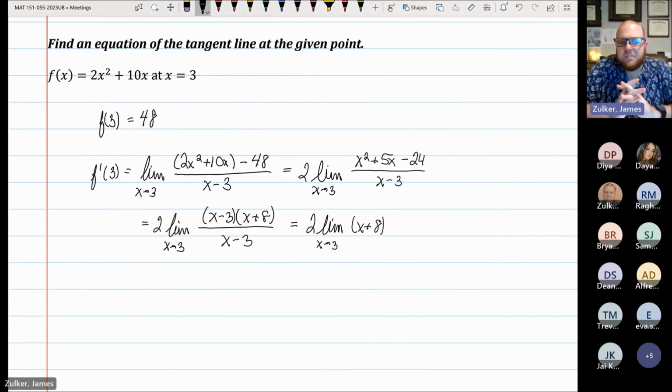Left with 2 times the limit of x plus 8. 2 times 11, 22.